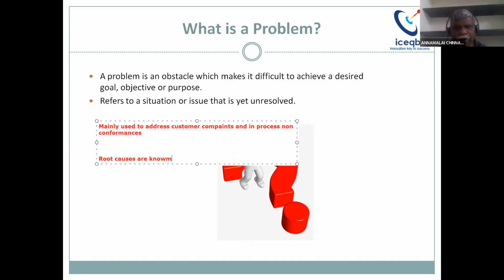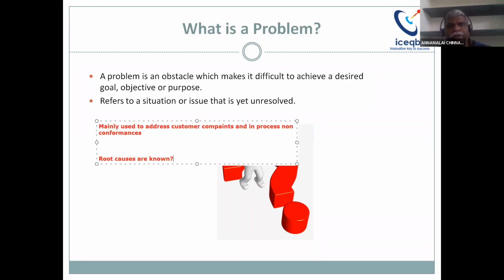If the root causes are known, maybe it is not necessary for you to really go through this 8D report, because you know the root causes, so you take action and then you can just solve the problem. But in many cases, you may find that you are unable to find the root cause of the problem. It will take a bit of time, because sometimes the root cause of the problem cannot be identified immediately. It needs a structured, systematic way of analyzing.